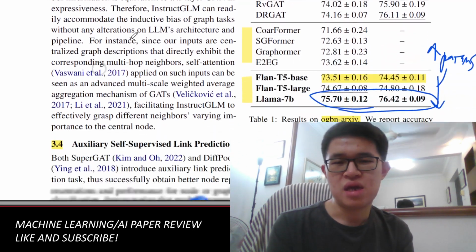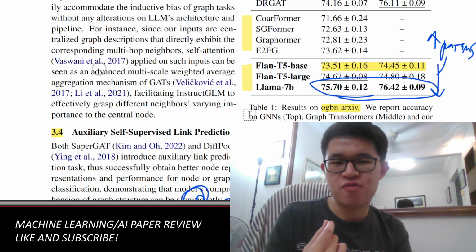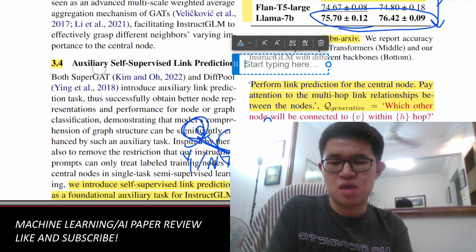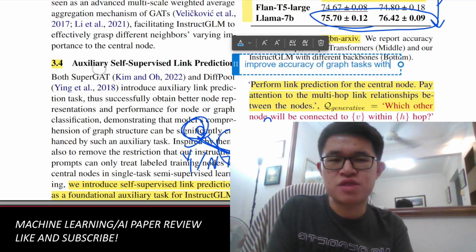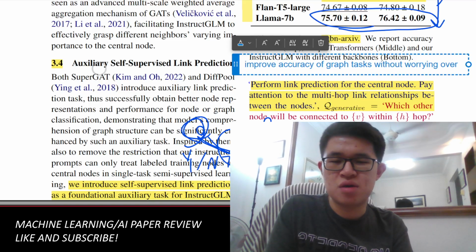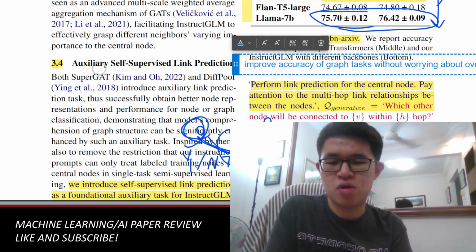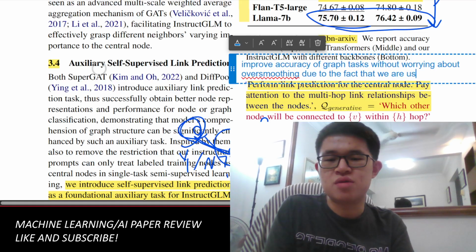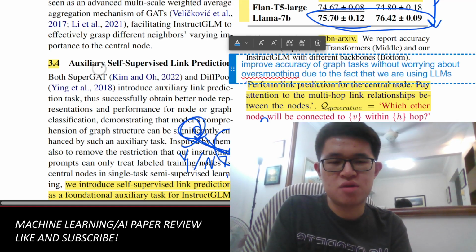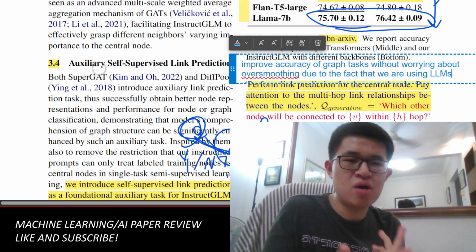What this tells us is that they can improve the accuracy of graph tasks without worrying about over smoothing, due to the fact that we are using LLMs and language modeling.